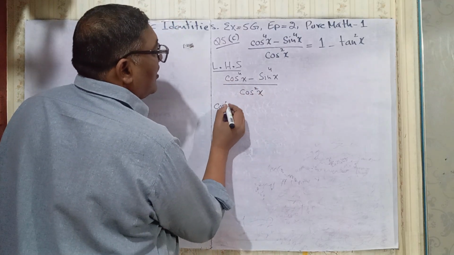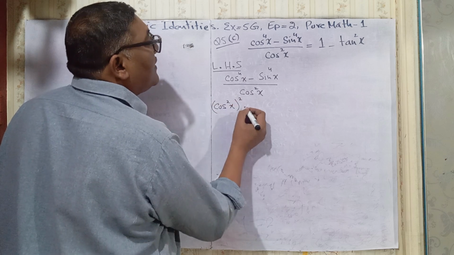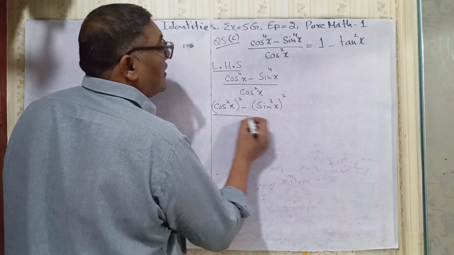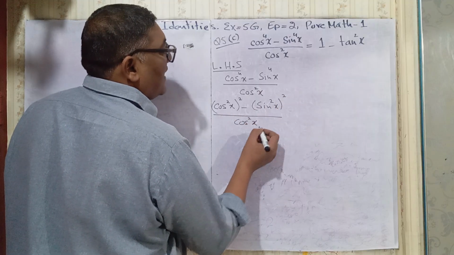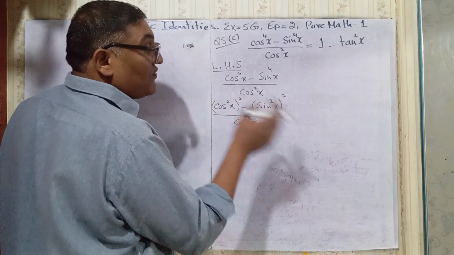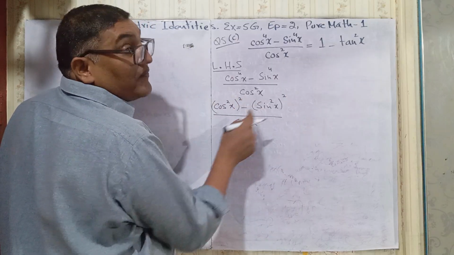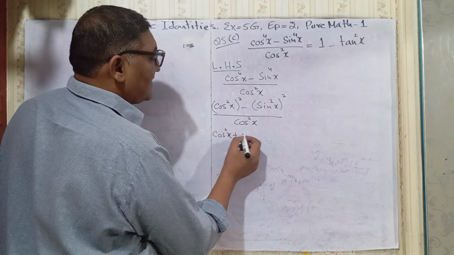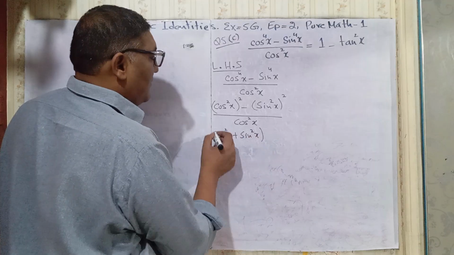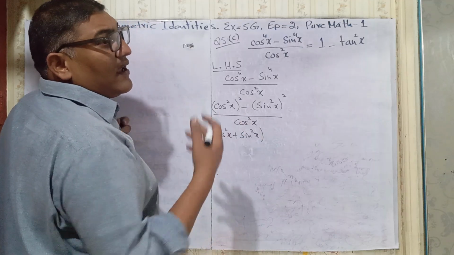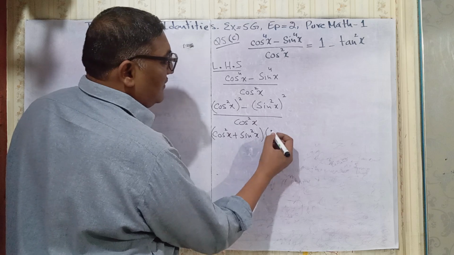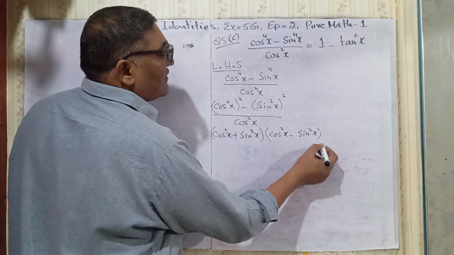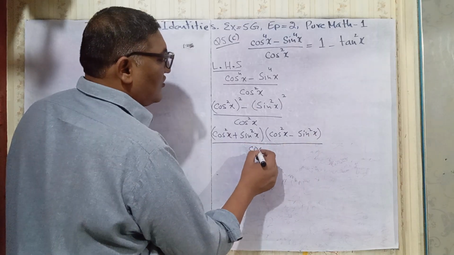You can write this as (cos²x)² minus (sin²x)² divided by cos²x. These are two perfect squares with a negative between them, so you can write them as (cos²x + sin²x)(cos²x − sin²x), using a² − b² = (a + b)(a − b), divided by cos²x.